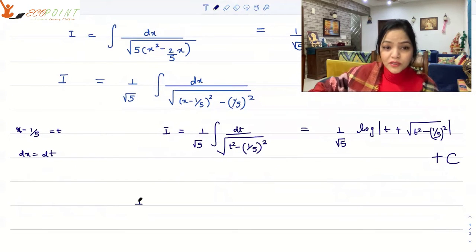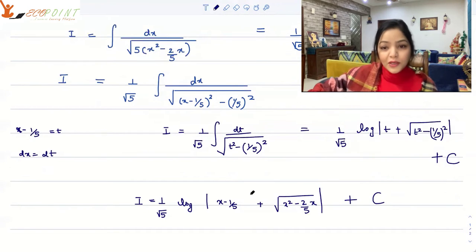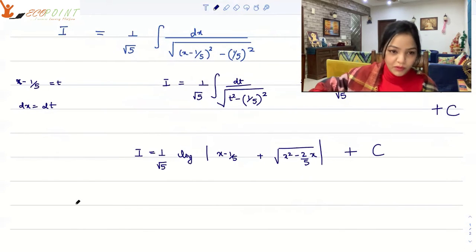Now you can substitute: 1 upon root 5 log mod x minus 1 by 5 plus square root of x square minus 2 by 5x, plus c. So this is the answer to this problem.